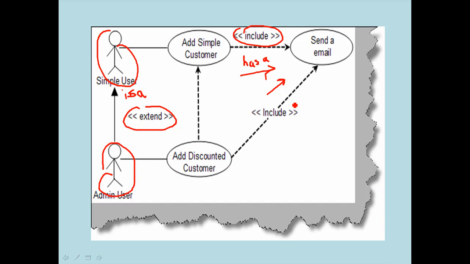These relationships are depicted using extend and include. So remember, at least these three factors should be covered in all requirement documents, probably by using use cases or by writing simple text. I don't know how you're going to do it, but they should be depicted because they form an input to the technical design. And technical design can only be better when you know the nouns, the verbs, and the relationships. All these things are very well handled if you write good use case documents.